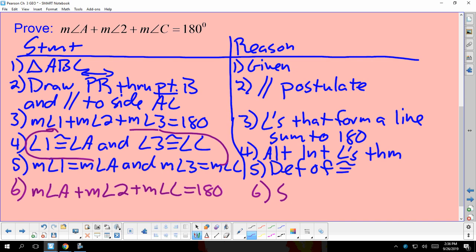For 3, I'm substituting in C, so I can deal with that triangle up above. We'll take a look in just a second. Substitution.